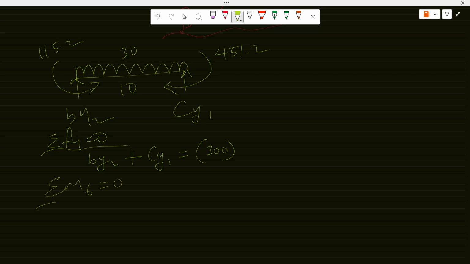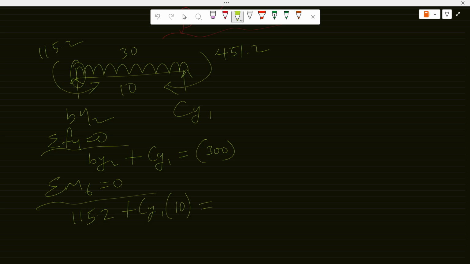This time I'm taking moment about B. I'll be having 115.2 moving in the anti-clockwise direction, another one moving in the anti-clockwise direction with respect to B is CY1.